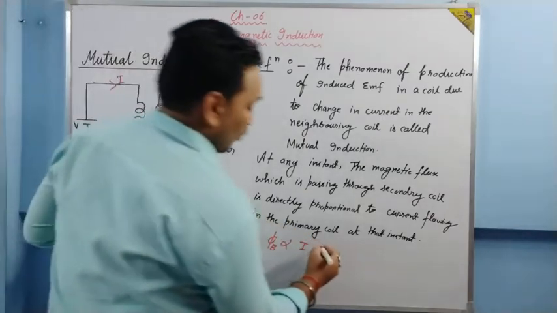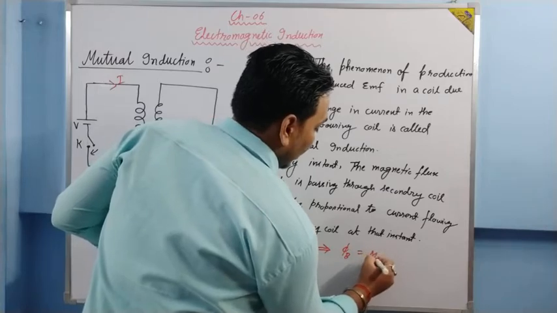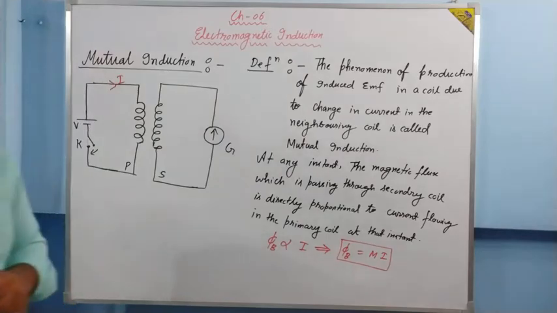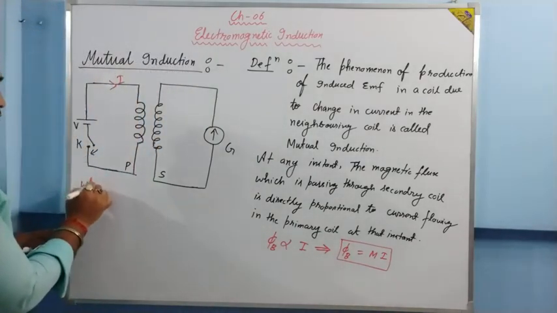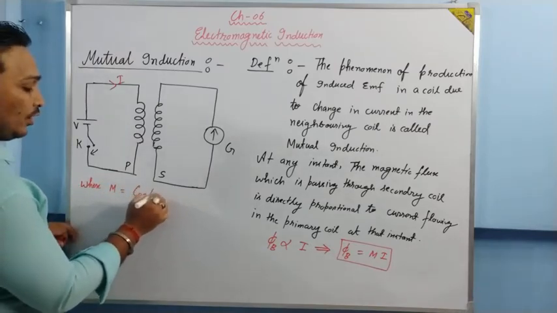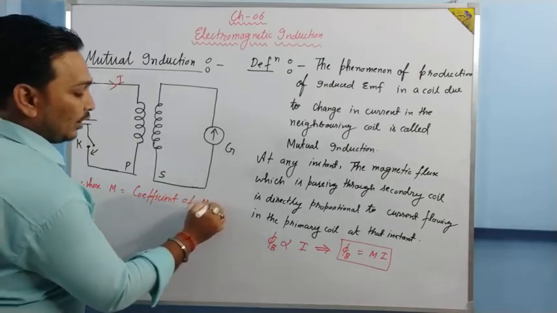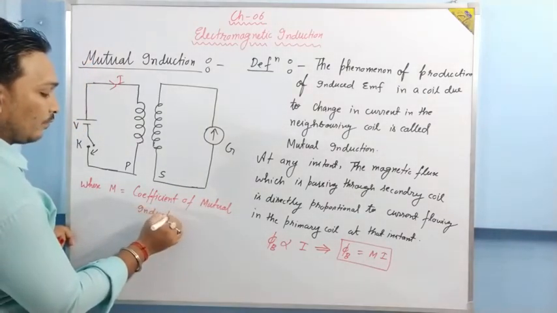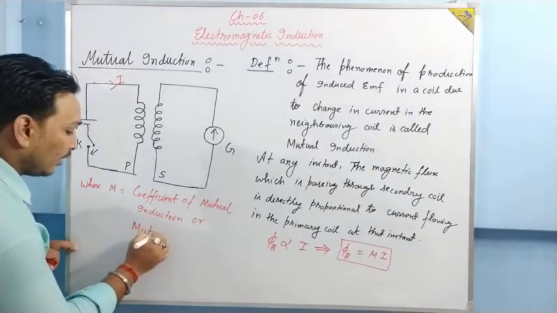When we remove this proportionality sign, then we must introduce a constant, and here that constant is capital M. Phi B is equal to M I, where capital M is called coefficient of mutual induction or mutual inductance.